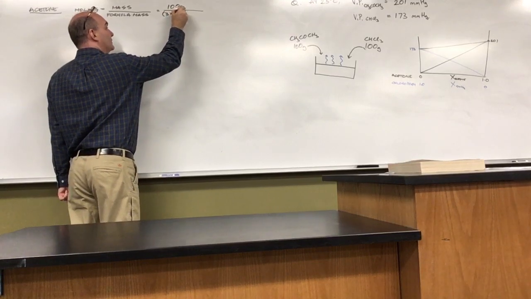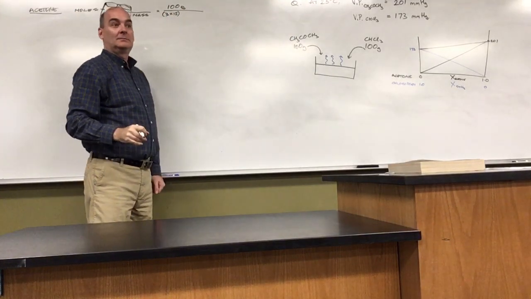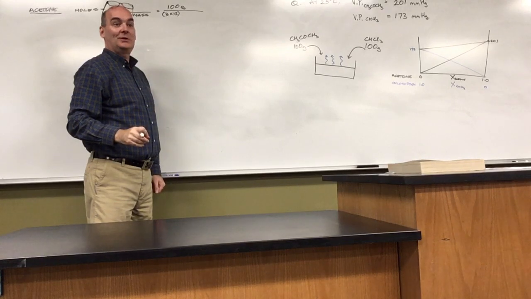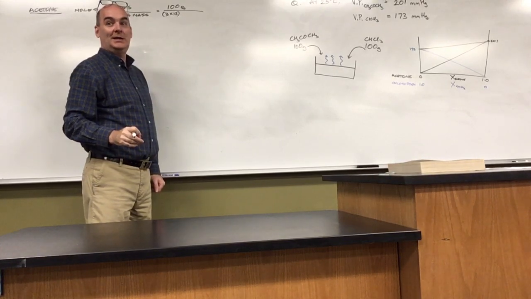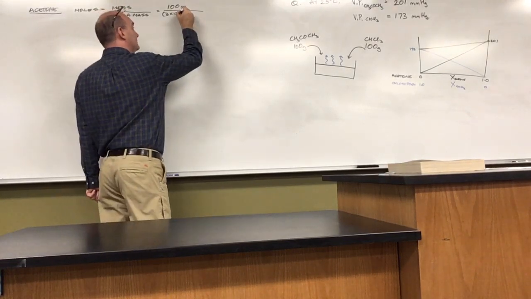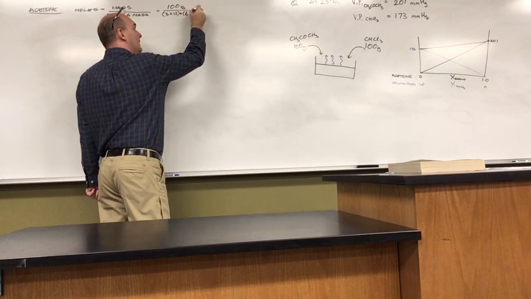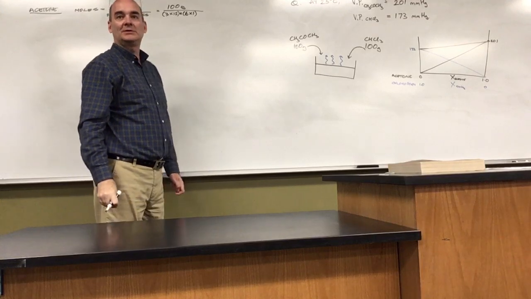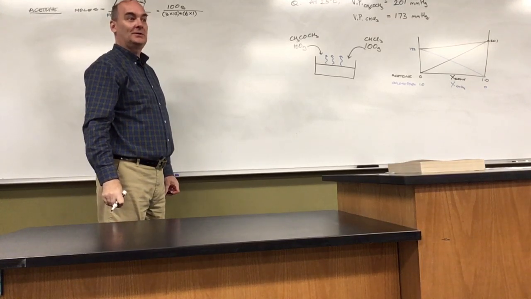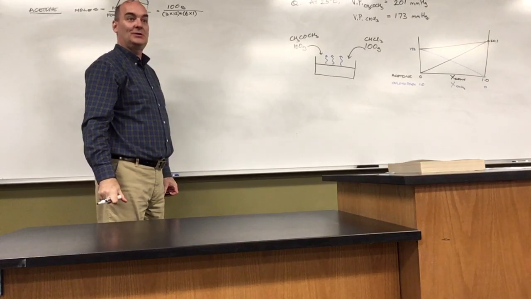That's 3 12s. That's 36. You don't need to use your calculator. How many hydrogens do I have? 6. Hydrogen is 1. 6 times 1 is 6. 36 and 6 is 42.